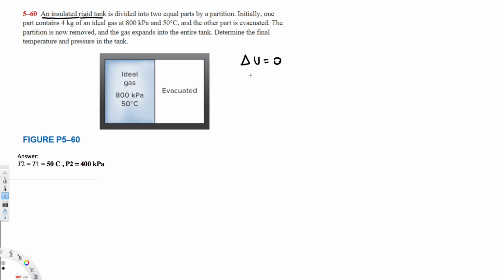So here they are asking for the temperature. We can write delta U as mCv delta T, right? That's also 0 because delta U is equal to 0. So we can expand this as mCv (T2 minus T1) is equal to 0.